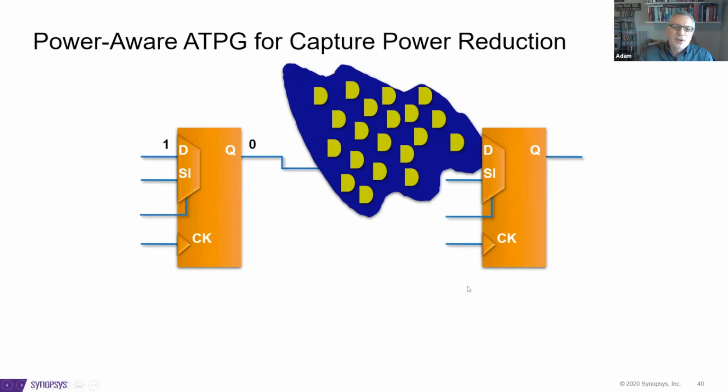So capture, remember I mentioned early on during the insertion phase, clock gating is added. So clock gating is going to be leveraged to help us reduce switching activity during capture. So for a particular test, you might have loaded your flip-flop with a 0, sensitized it with a 1, and then when the clock comes along, you get this capture event, which wiggles a bunch of stuff over here, and again, you get some IR drop.